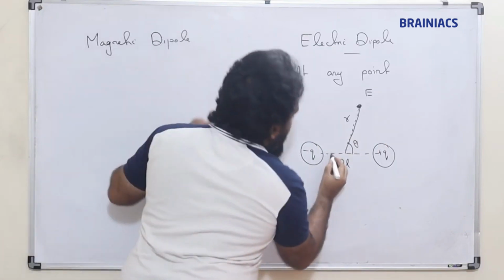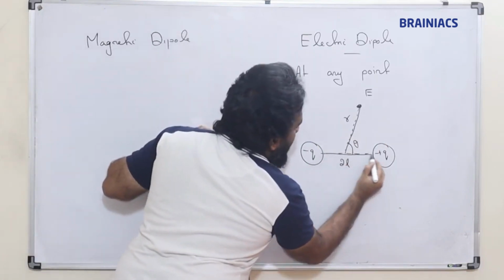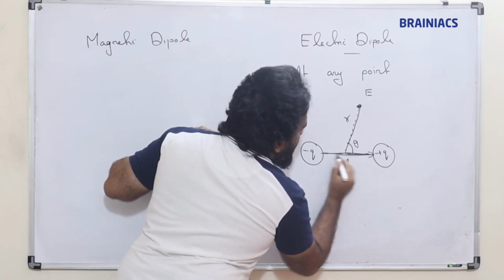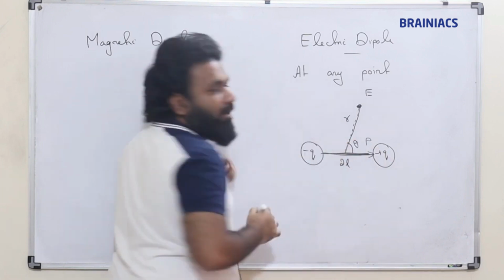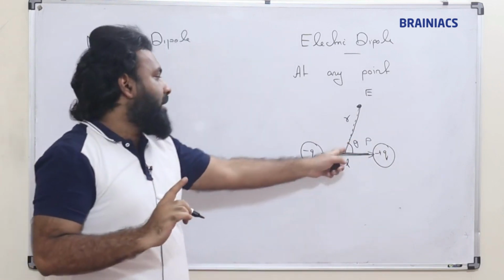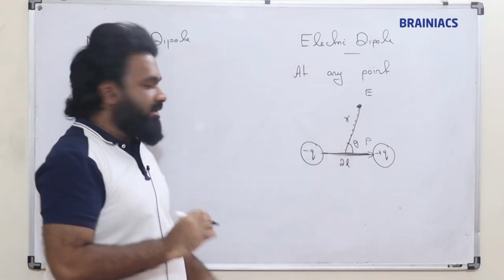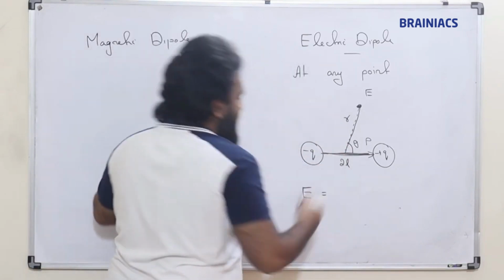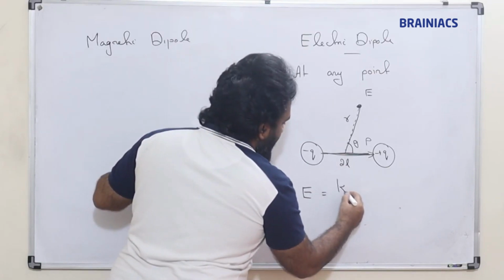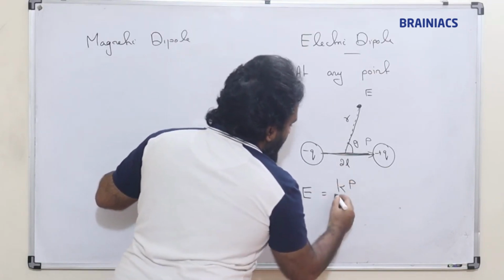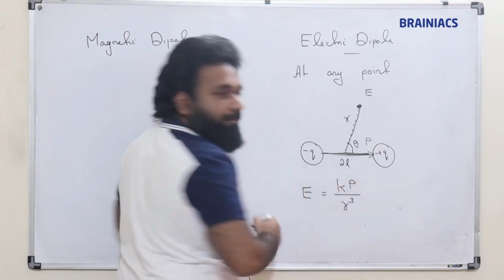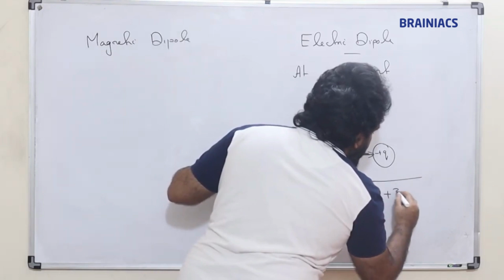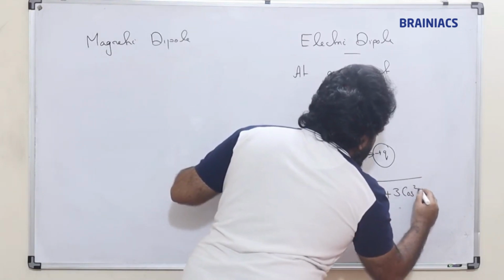So here, this angle we should take with respect to what? Electric dipole moment. This is the direction of P. So with respect to P at an angle, the electric field is, so what we have got from there, this is equal to Kp divided by R cube into root of 1 plus 3 cos square theta.